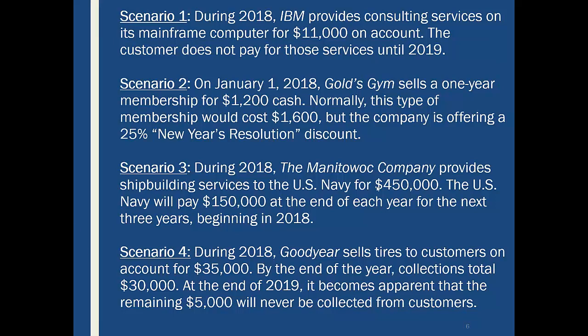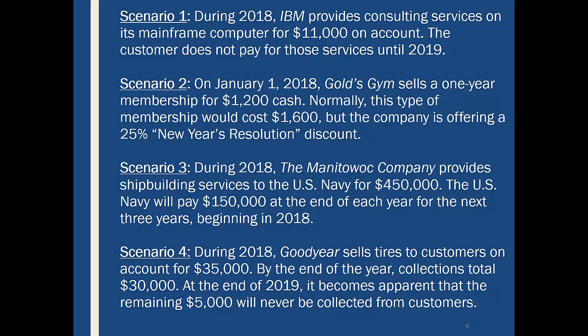So for this instance, if in fact the company has provided the services in 2018 for $450,000 and they're done and they've completed the services, even though they won't get paid until the end of the next 3 subsequent years, they still are going to recognize the $450,000 if indeed they did earn it all in 2018. Okay, then let's go to scenario 4.